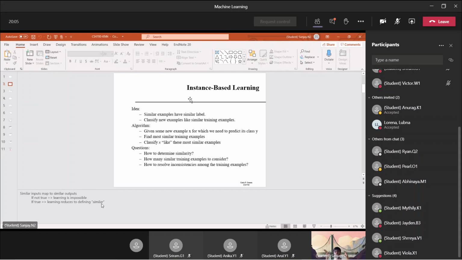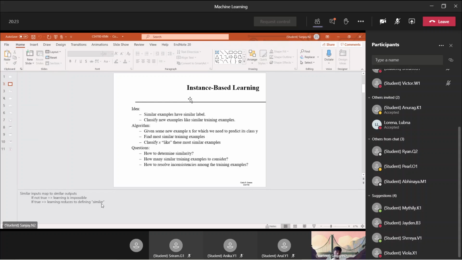Therefore, we use instance-based learning, where we take up the idea that similar inputs in our training data set will have similar labels or similar outputs. And we basically just classify new examples like similar training examples.